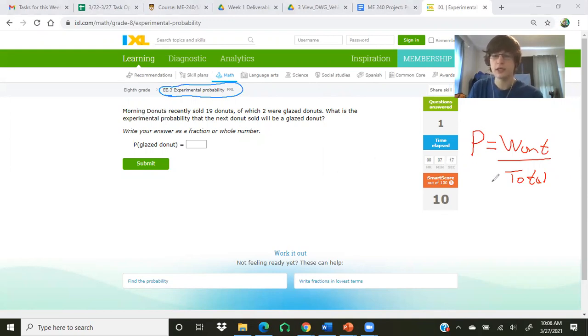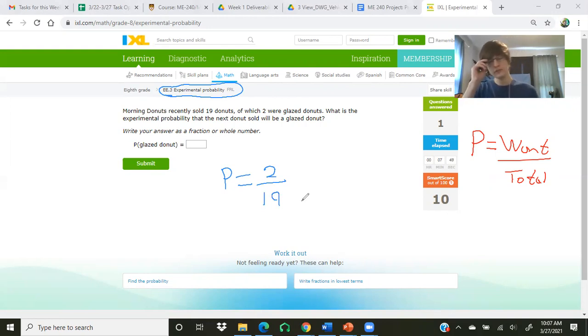So, let us make our probability fraction. We have P, which is the probability of glazed donut. What is our want? Our want is glazed donuts, right? Well, they sold 2 glazed donuts. And how many were there in total? Well, there were 19.